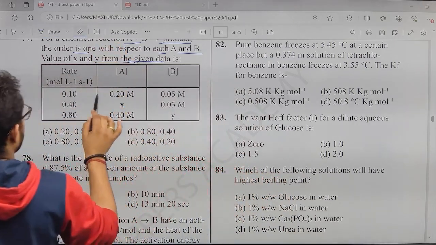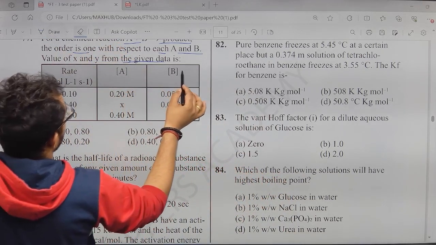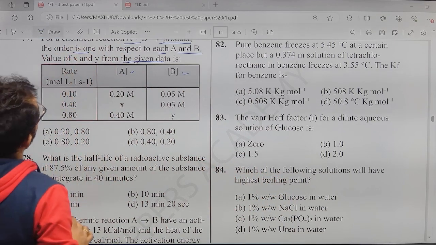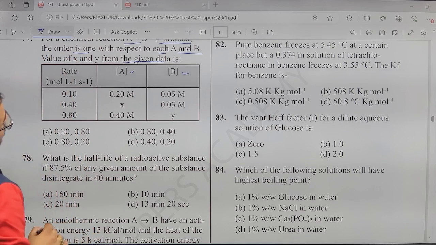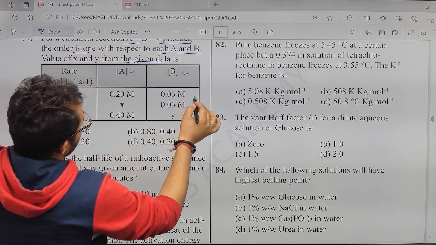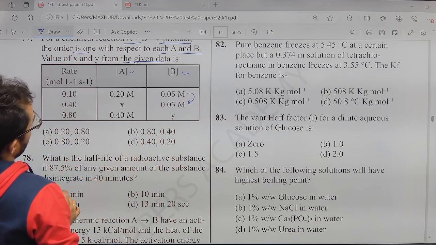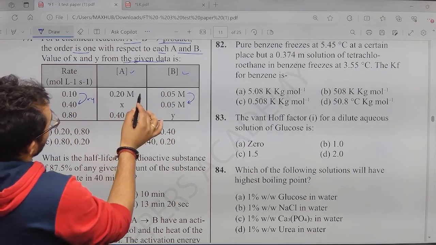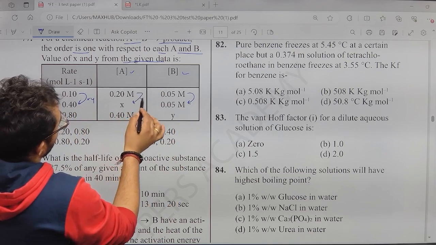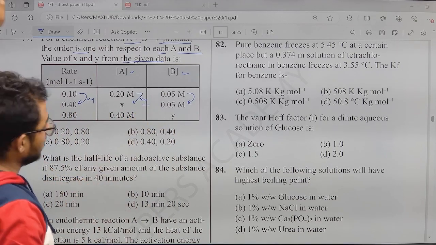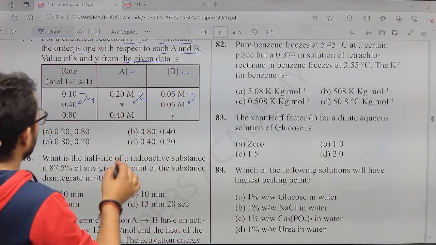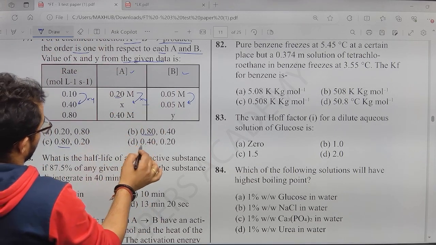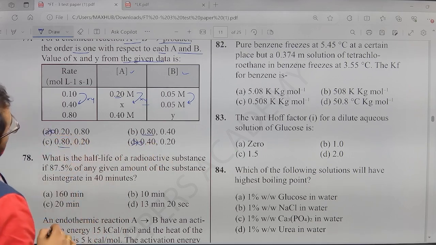Please see, this is the A and this is the B concentration. The concentration of B is the same and the rate is multiplied by 4. That means you are increasing the concentration of A by 4 times, because the order with respect to A is also 1. So what is the fourth multiple of 0.2? It is 0.8. A and D options are wrong.